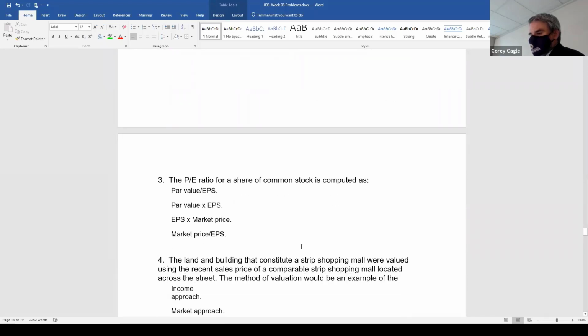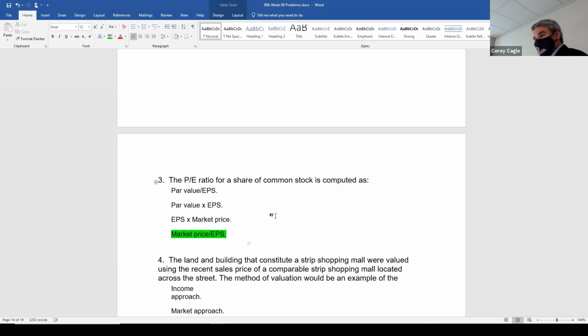Price earnings ratio. I feel like they just kind of came out of nowhere with this, and that's why I added it to the notes. But it's important for sure. Market price per share of stock divided by earnings per share of the stock. It just gives you an idea of how the market perceives your company, right?